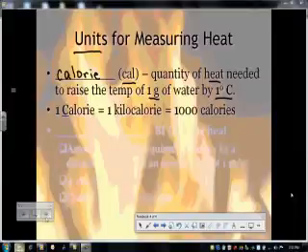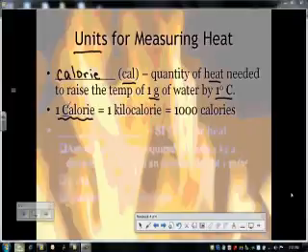If you look at your food and you see calorie on your food label, that's a capital C Calorie. This is a lowercase calorie. There's a difference because the one with a capital C means kilocalories. Sometimes they're not very careful on your food label.